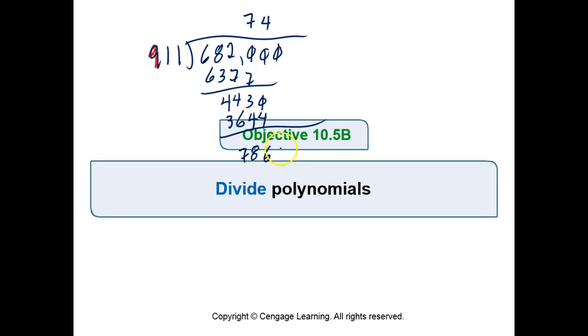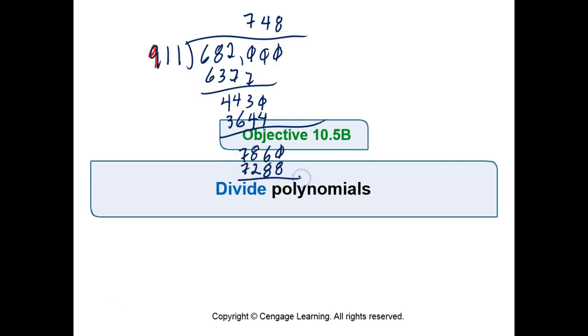And then you do what? Divide. And what does that give you? 8. Then you multiply, and that gave you 8 times 8. I'm glad you gave me 911. It's easy to multiply. It's 72.